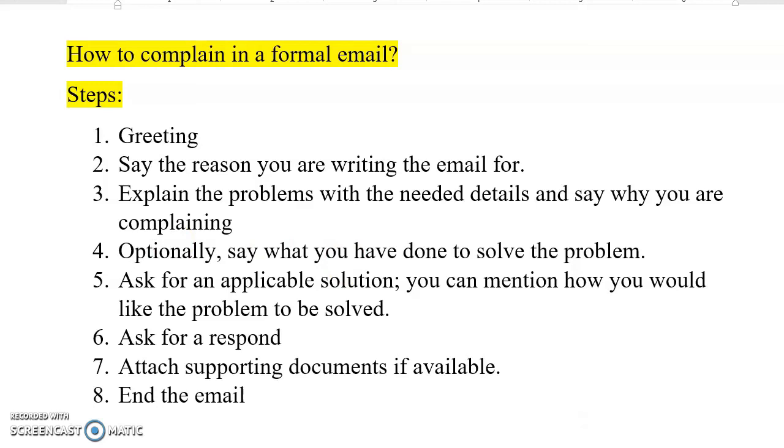Now, in the case of the pizza, nothing could happen. But you can mention, for example, I tried to add some salt, I tried to add some cheese in order to make the taste better, but I couldn't find any good solution. Then I have to ask for an applicable solution. You can mention how you would like the problem to be solved.